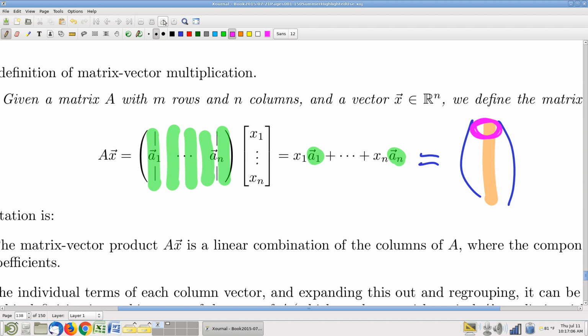So the first coordinate is going to be the appropriate linear combination of the first coordinates of the column vectors. We're taking the x_1 through x_n linear combination of those first entries in each column. Said differently, we're taking this linear combination of the first entries in all of the columns.